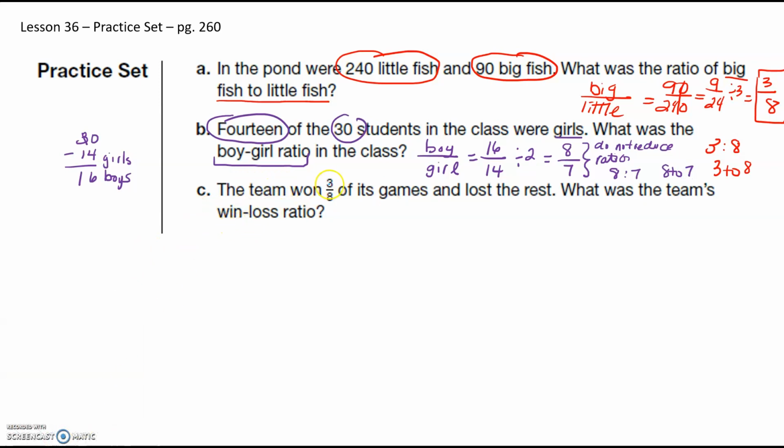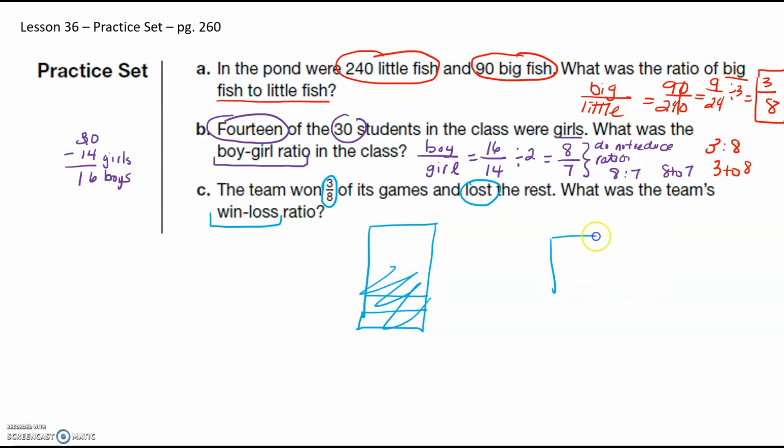Okay, the team won 3/8 of its games and lost the rest. What was the team's win-loss ratio? This one's a little bit tricky, so I'm going to draw this out for you. Let me do a ratio box. Nah, that's not going to work either.